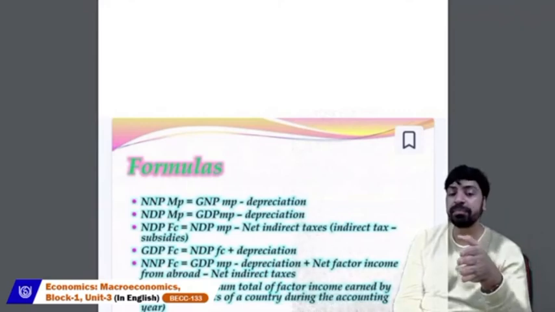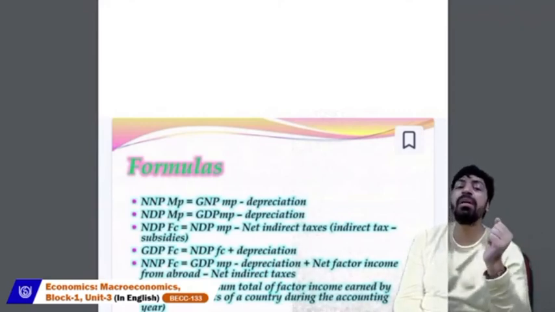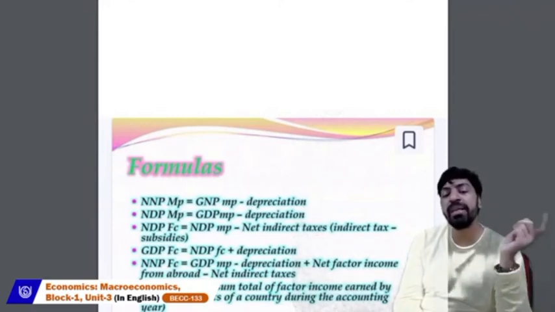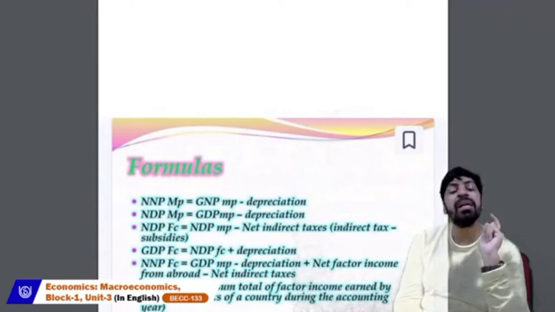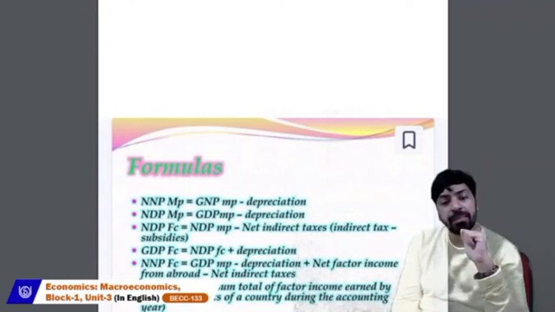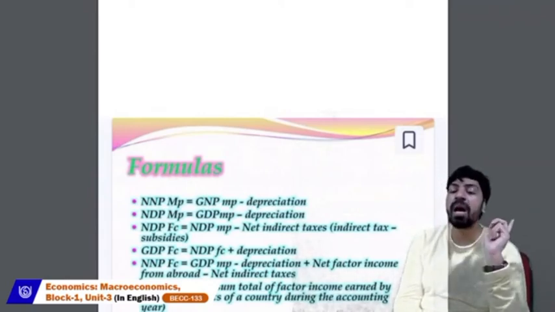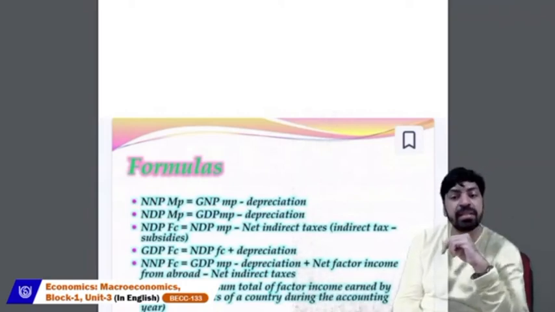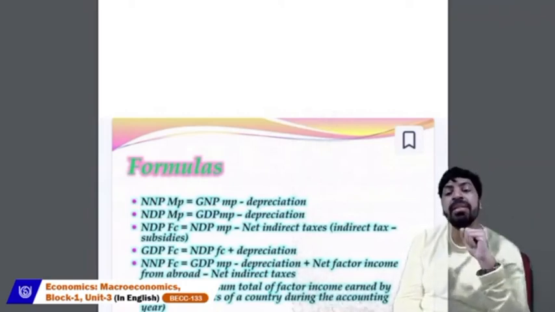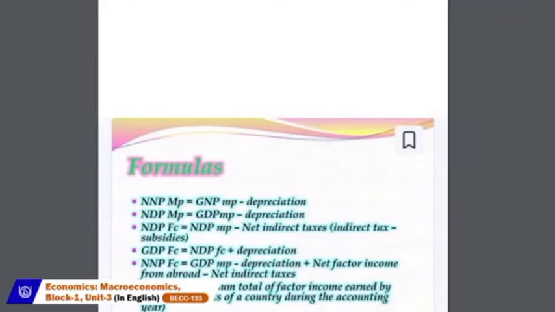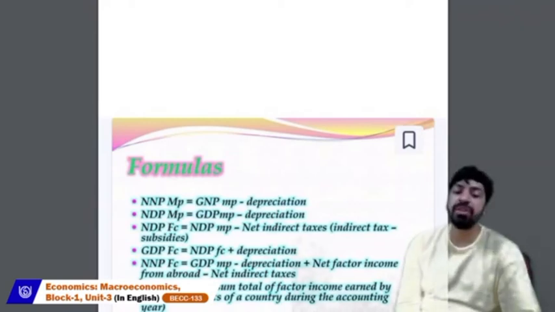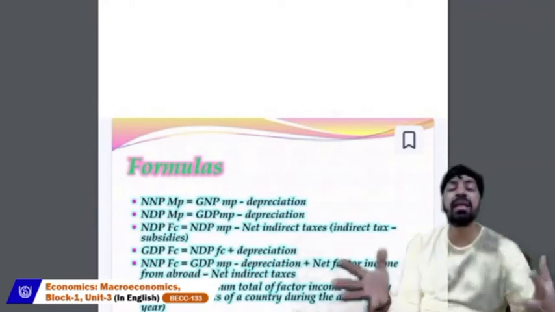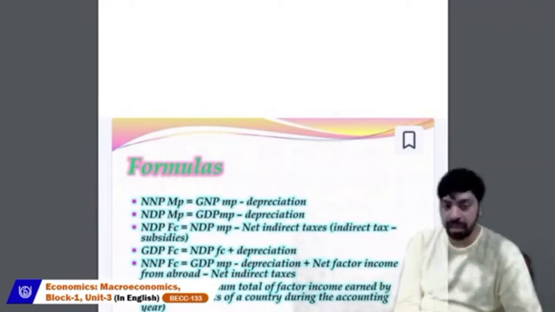That is, if you go from gross to net, minus depreciation; net to gross, plus depreciation; market price to factor cost, minus indirect taxes and plus net factor income from abroad. That will be used in calculating the national income.